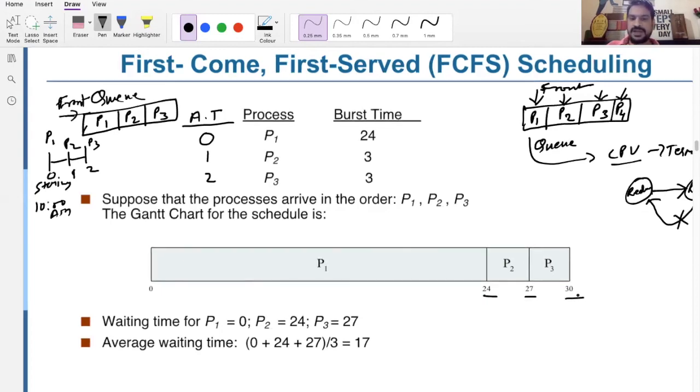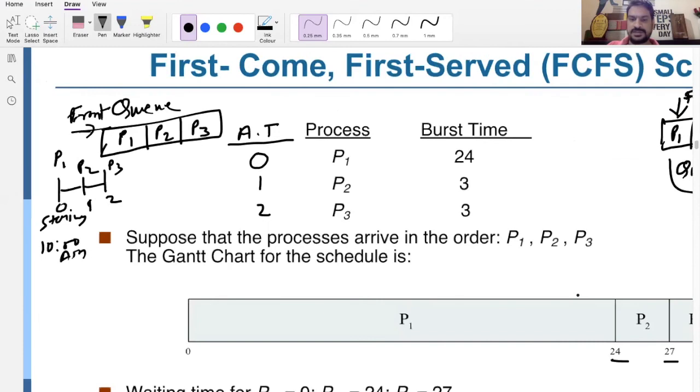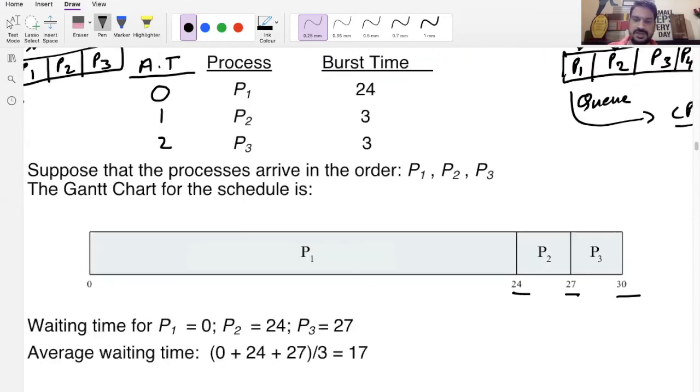This chart drawn here is called a Gantt chart. It tells me how much time each process has spent in the CPU. This Gantt chart tells me that process 1 spent relative time from 0 to 24 units in the CPU.